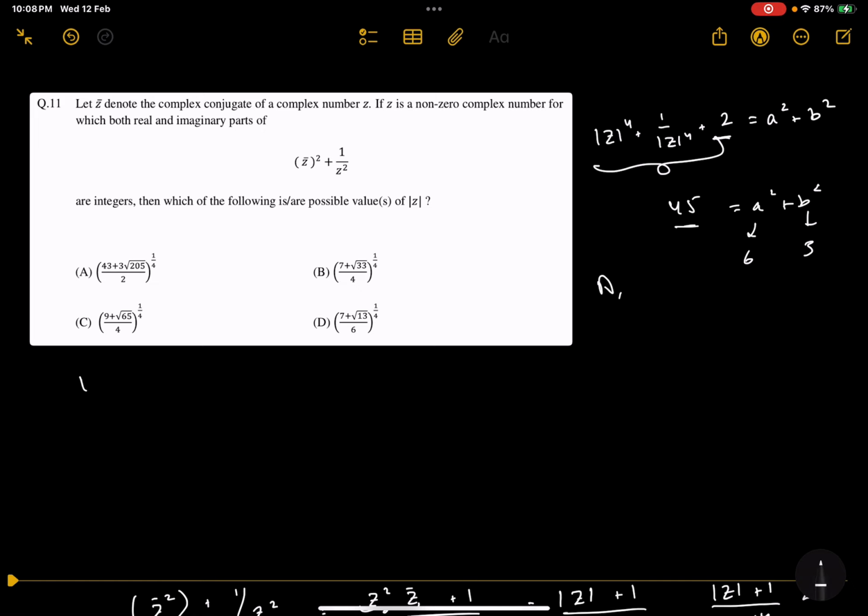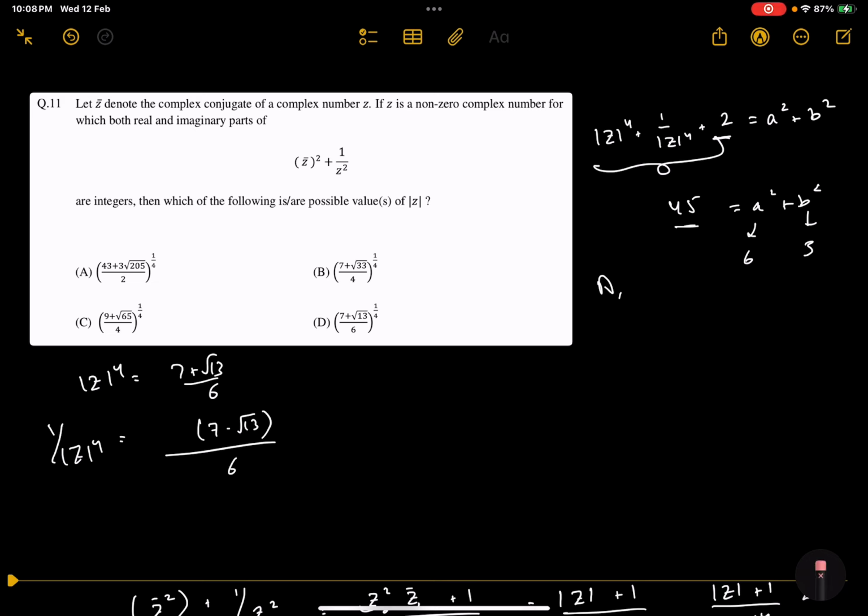Then finally, mod z to the power of 4 is 7 plus root 13 by 6, which gives us mod z to the power of 4. The reciprocal of this is 6 into 7 minus root 13 upon 49 minus 13 is 36.